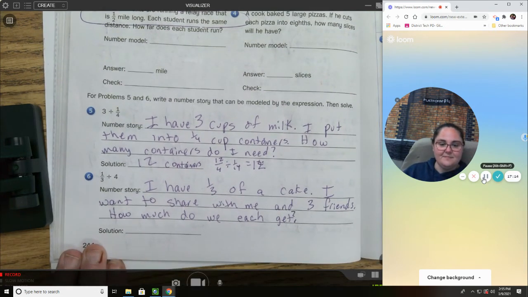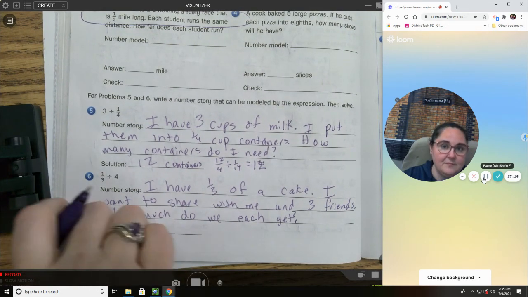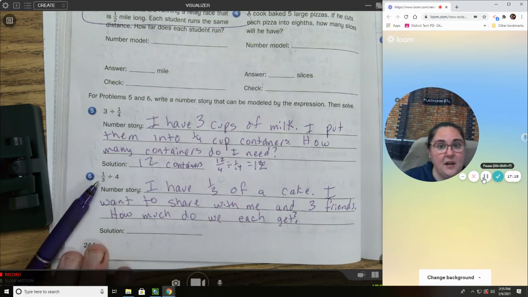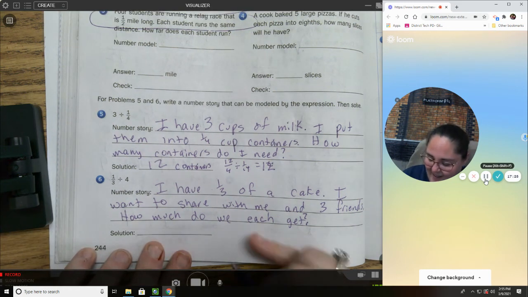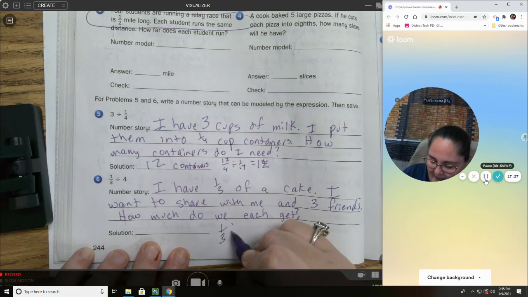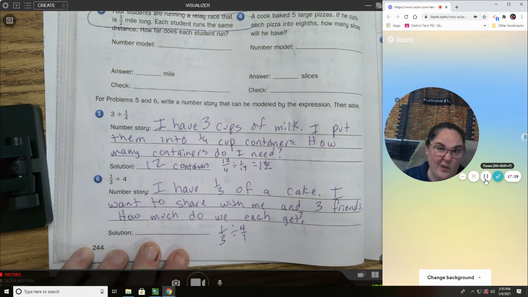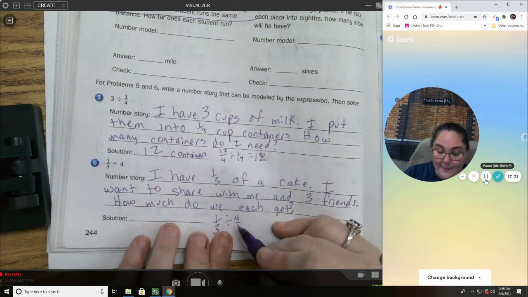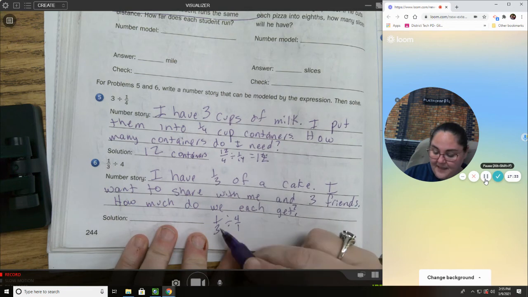Awesome. I want you to solve the problem. How much cake will each of myself and my friends get? What is my answer? All right, 1/3 divided by 4. I'm going to do 4 over 1. Again, I'm going to change those into the common denominator.